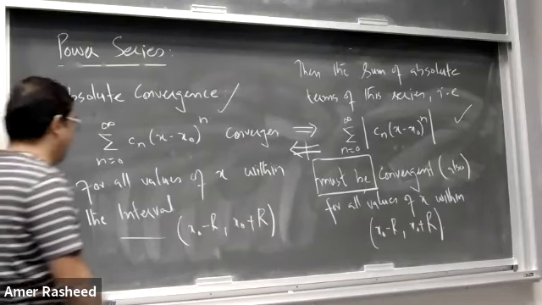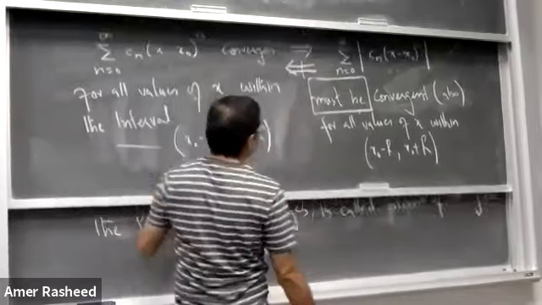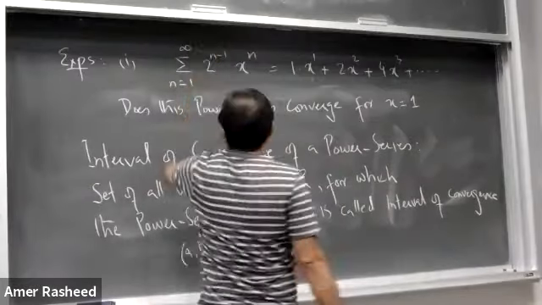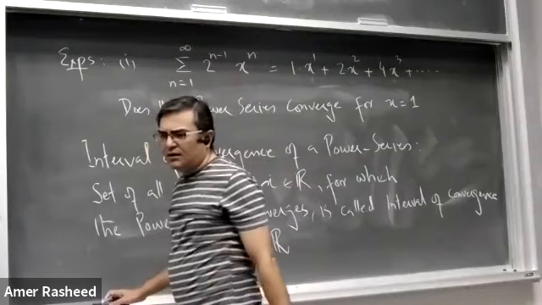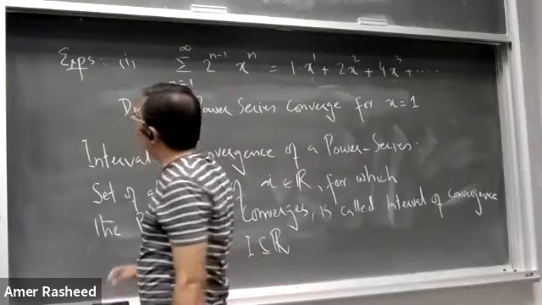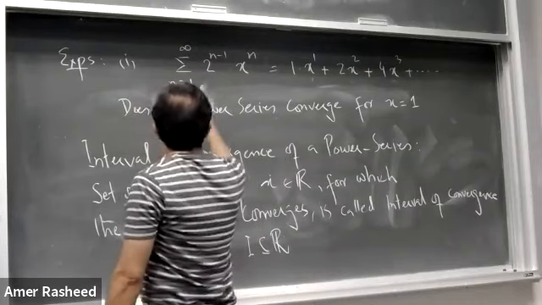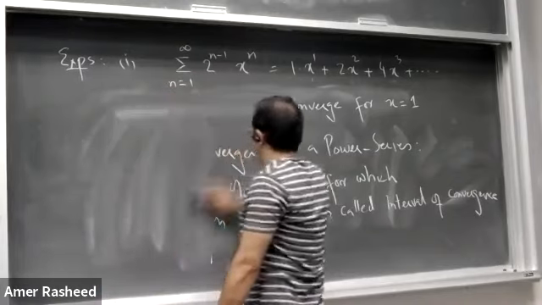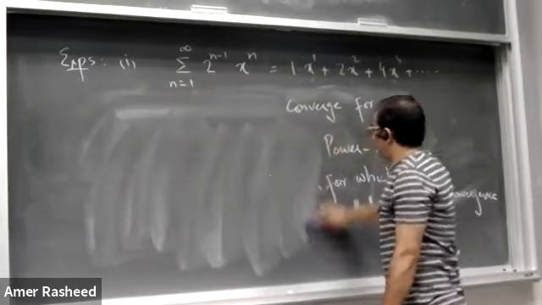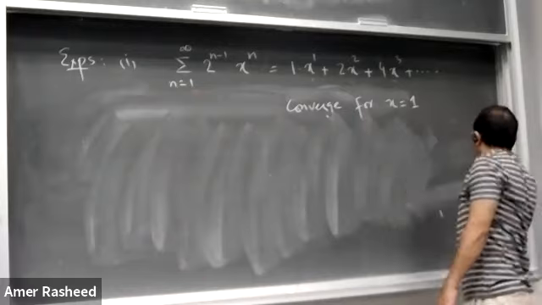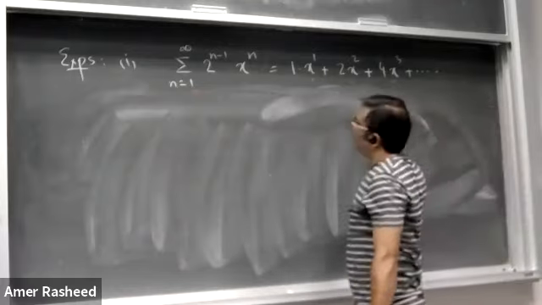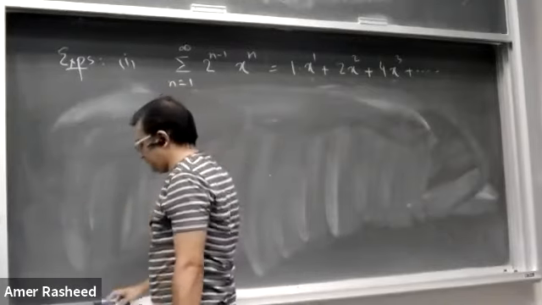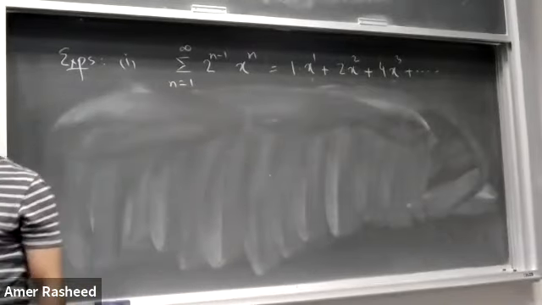There is a ratio test which helps us find the interval of convergence. For example, how to find the interval of convergence for this series, if it exists?